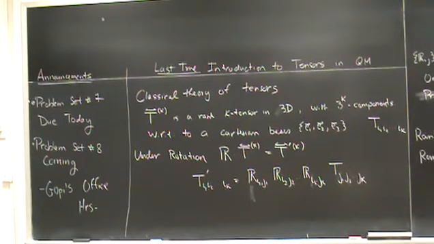Okay? And with respect to these coordinates, these are its components. Okay? So it's rank K, and each of these indices goes from 1 to 3. But that's why there's 3 to the k different elements here.